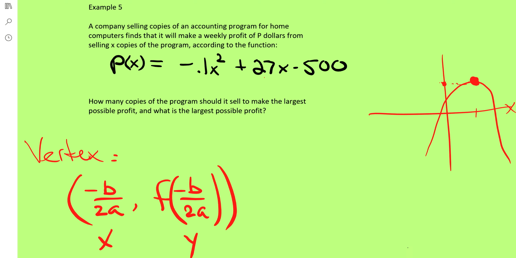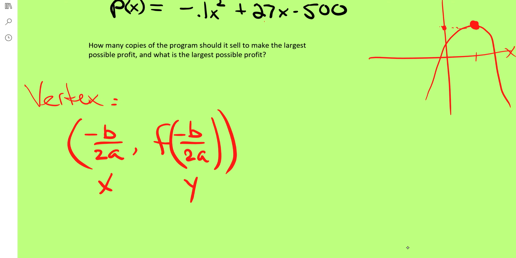Okay, vertex, negative b over 2a given this equation. So I'm going to have negative 27, that's negative b, over 2 times a, and a is negative 0.1. I'm going to have a negative over a negative, so that's going to be a positive.